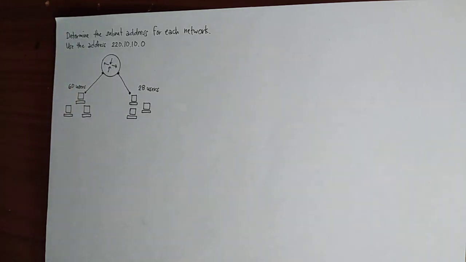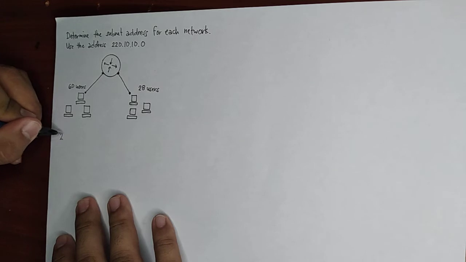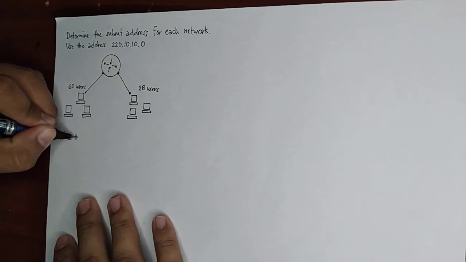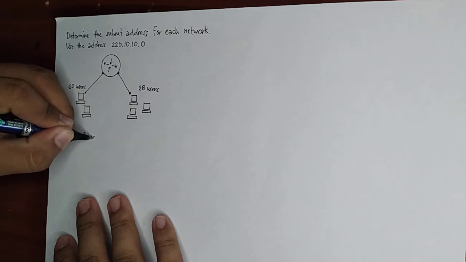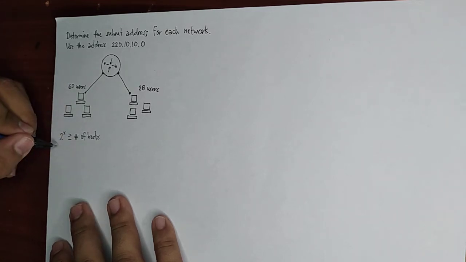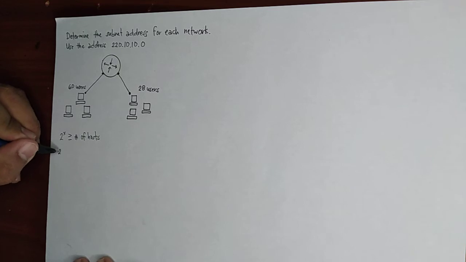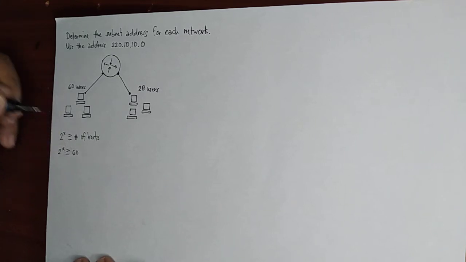As a rule, we need to go first for the highest number of users. So we have our 60 users. Using the formula 2 raised to x greater than or equal to the number of hosts, we have 2 raised to x greater than or equal to 60.